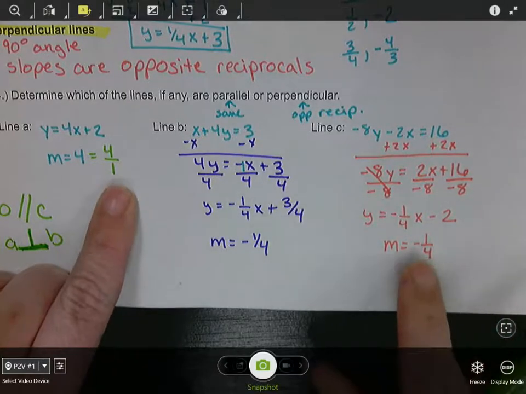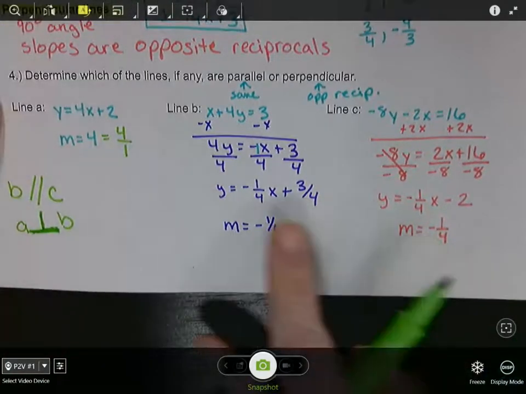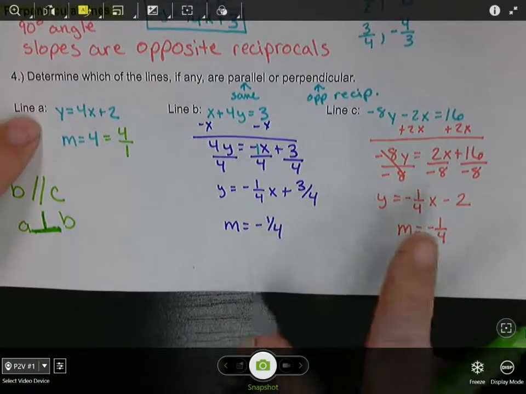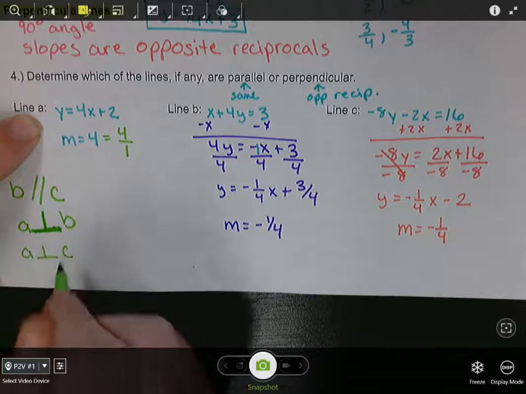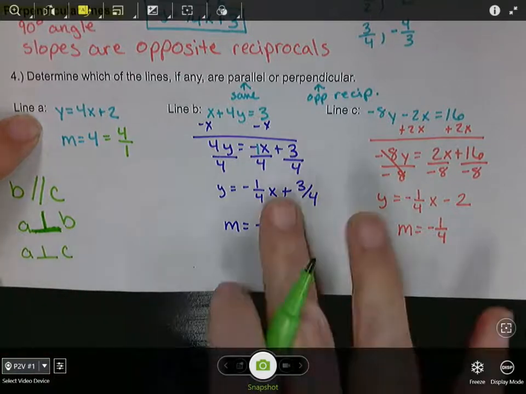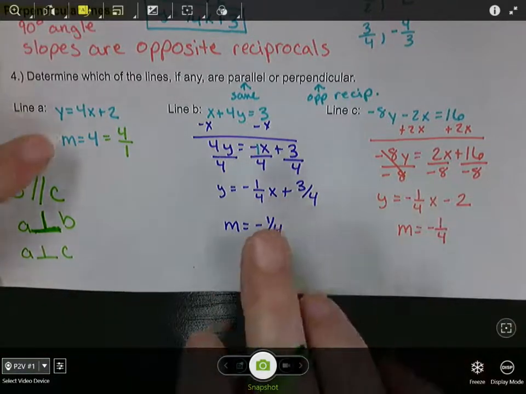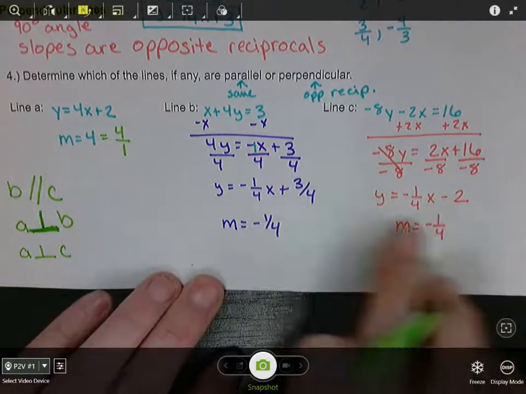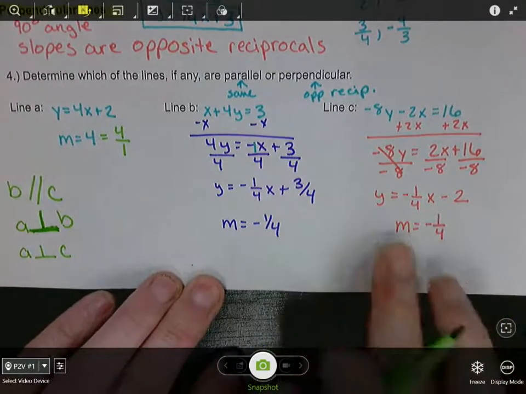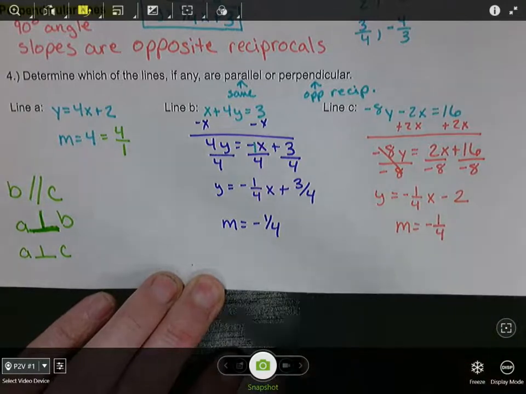So these are also perpendicular. So we would say that A is perpendicular to C. So B and C are parallel, A and B are perpendicular, and A and C are perpendicular. And we already know that B and C are not perpendicular because you can't be both perpendicular and parallel.